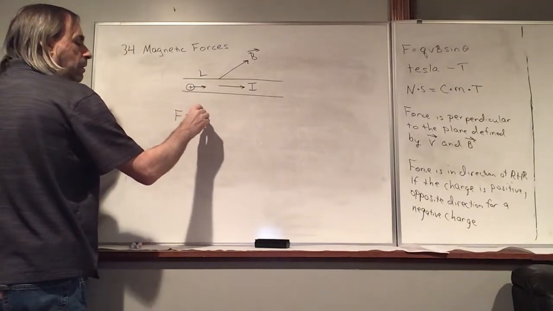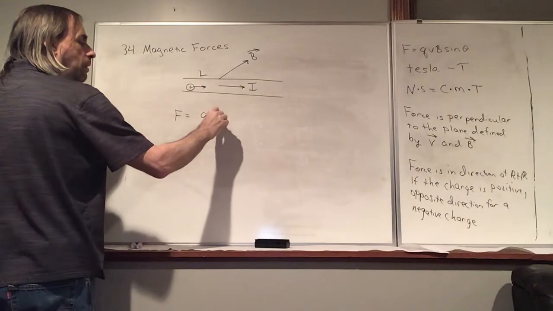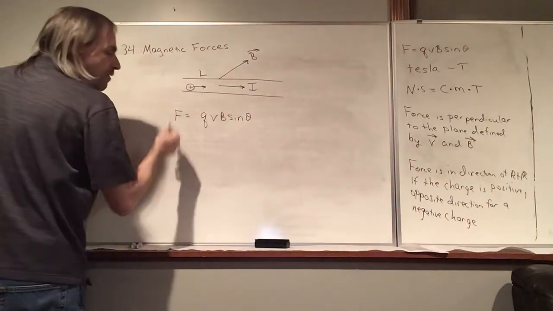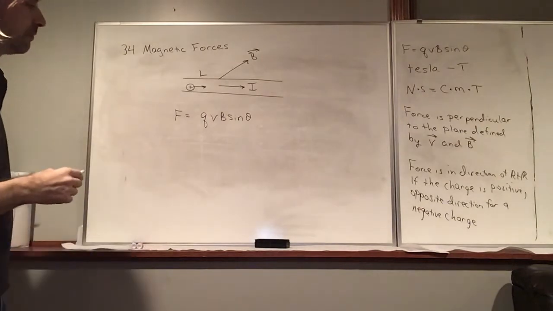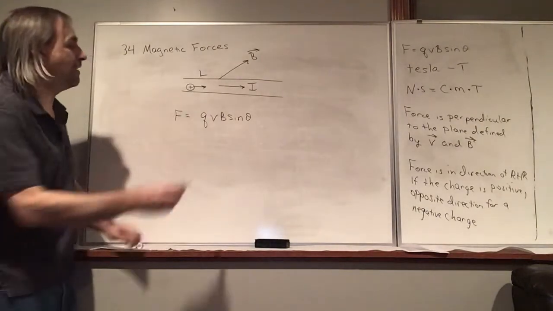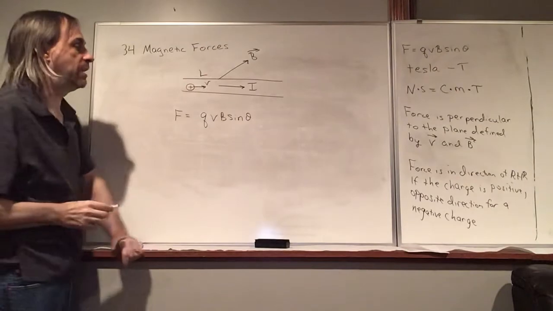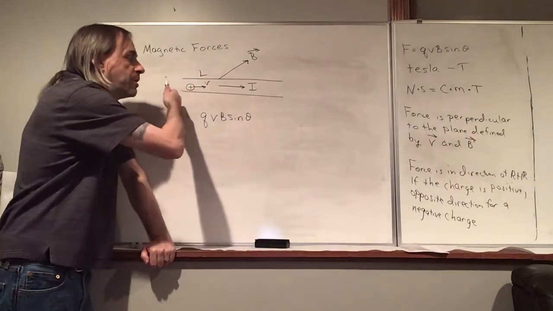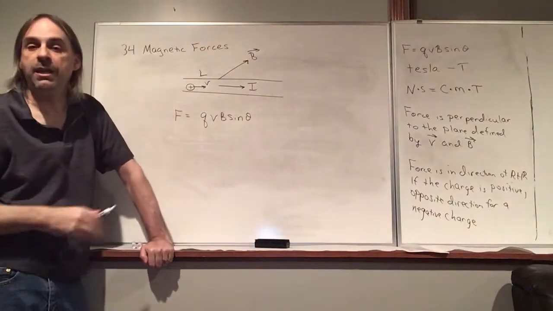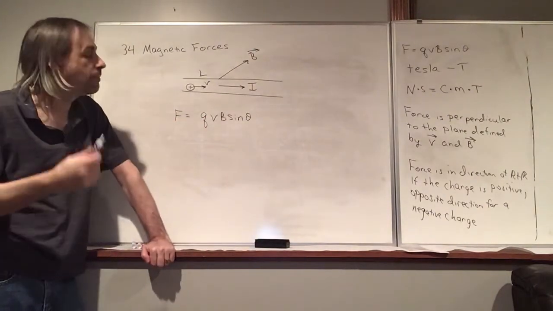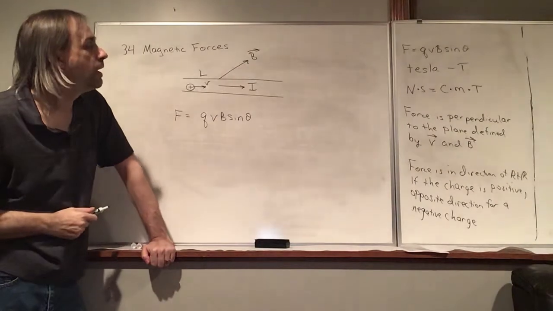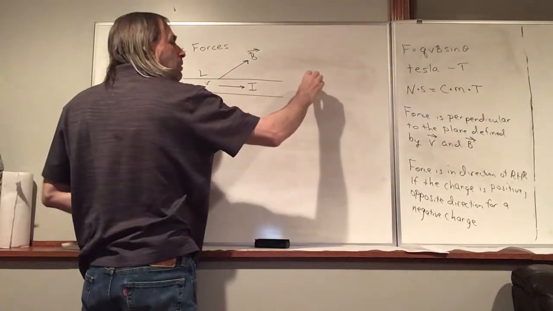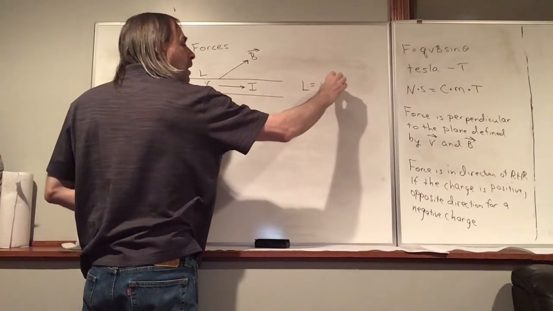That would be qvB sine of theta. Now, let's say this charge is moving with a velocity v. And again, we're assuming that all these charges are moving at the same speed, just nicely along this wire. Not very realistic. But if they're moving at a constant speed, we can say that L equals v times t.